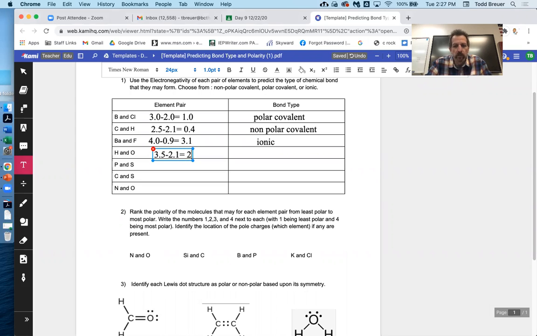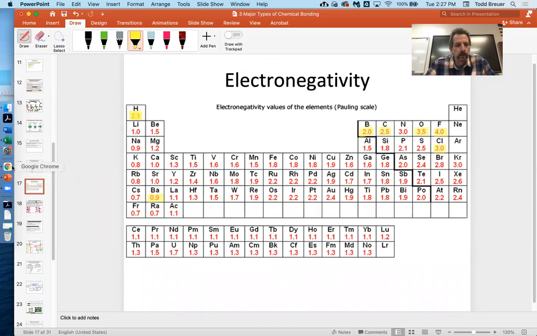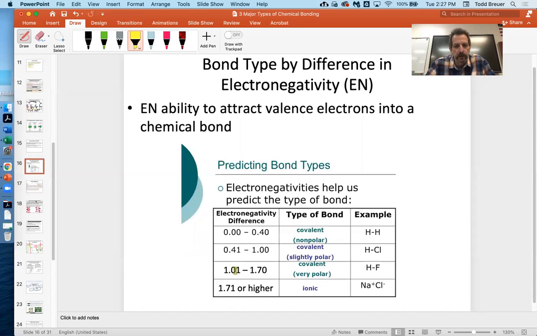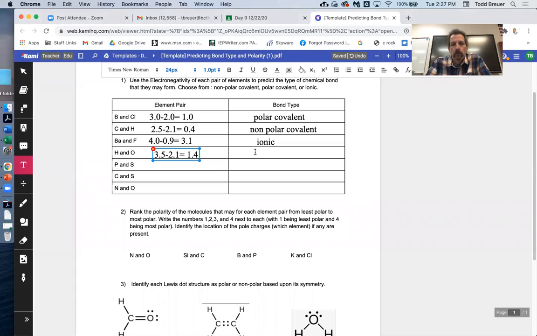Again, that is 1.4, not 2.4. That's going to put us in the range of polar covalent. So let's just verify that. There it is, right? 1.4 falls between these two values. So we get a polar covalent bond, happens to be very polar. So strong attractive poles. So polar covalent.